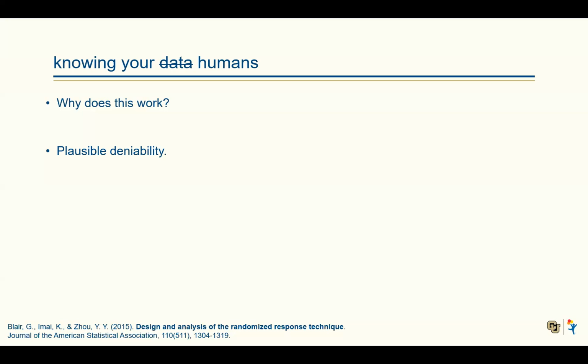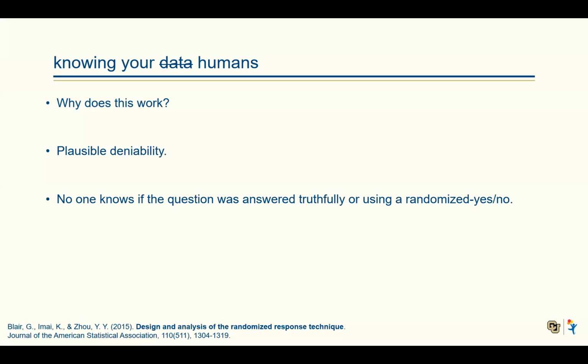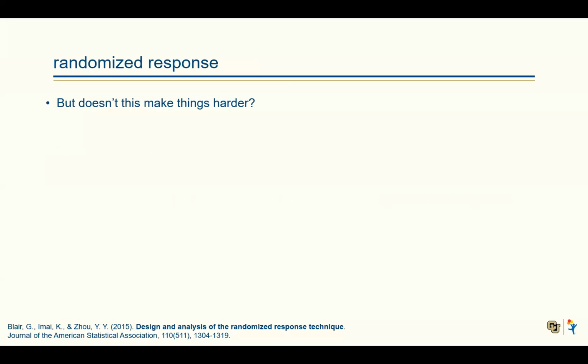They would be able to say, hey, I said yes because I was randomized to the group that said yes. That's what we're leveraging here. Humans are going to corrupt their answers to move away, in this example, away from yes because it's really stigmatized. But now we give them a good defense, which is that there was a randomized yes, and so nobody would ever know what actually happened for them.